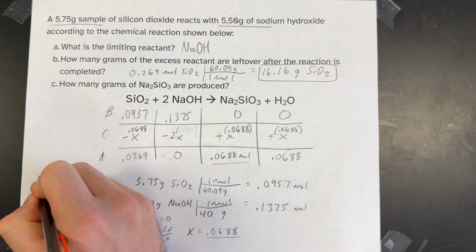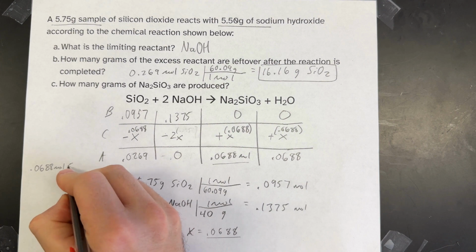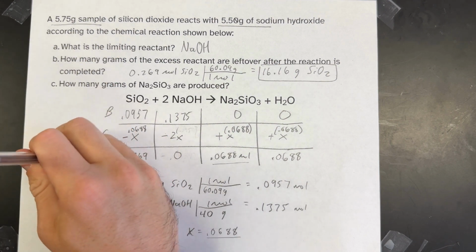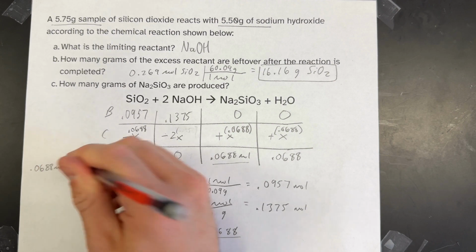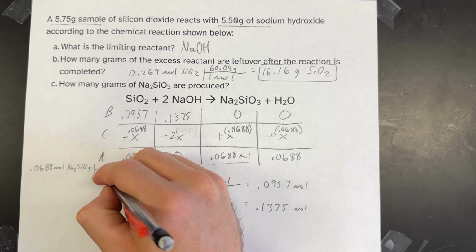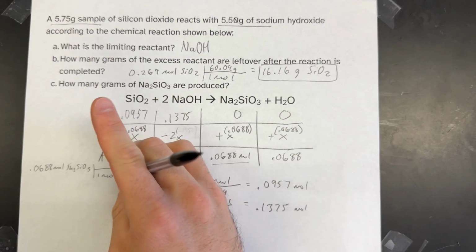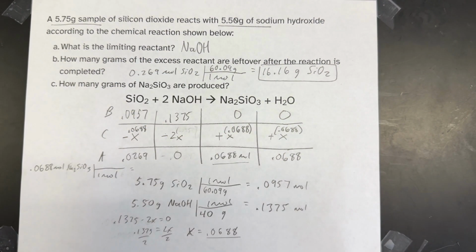So I'll come over here and I'll do 0.0688 moles of Na2SiO3. And I know that in 1 mole, I can find the molar mass. So 2 sodiums, 22.99, plus 1 silicon. Silicon was 28.09, plus 3 oxygens.